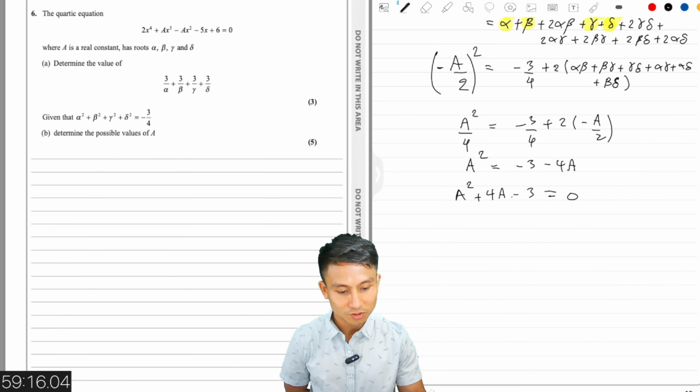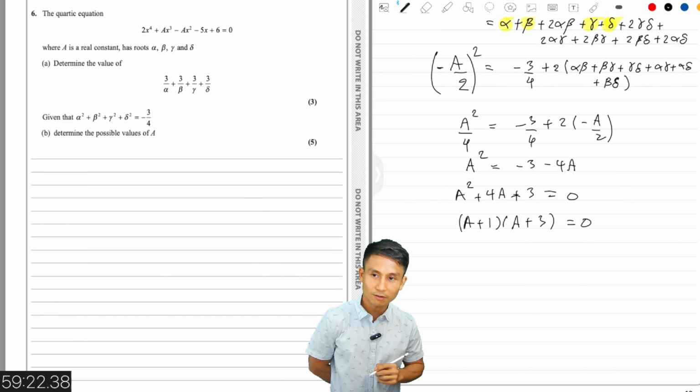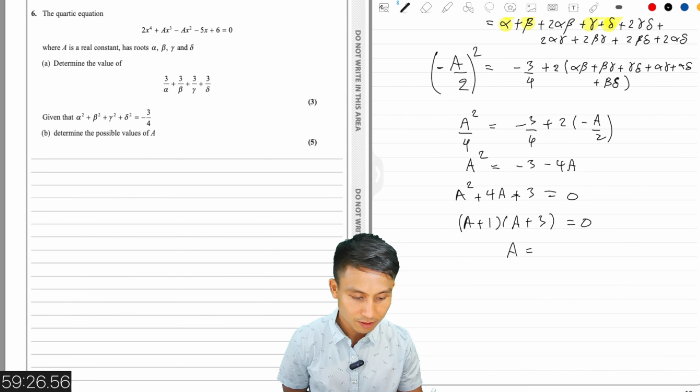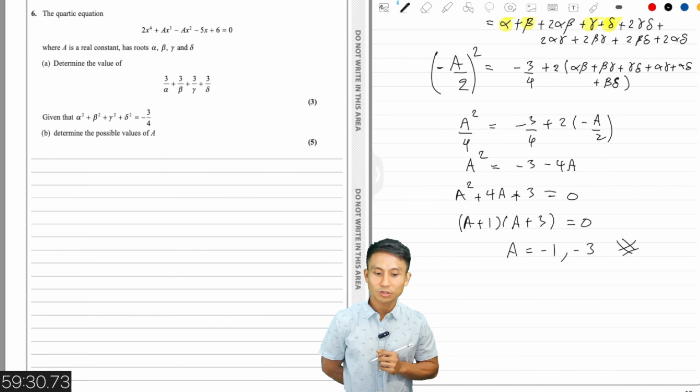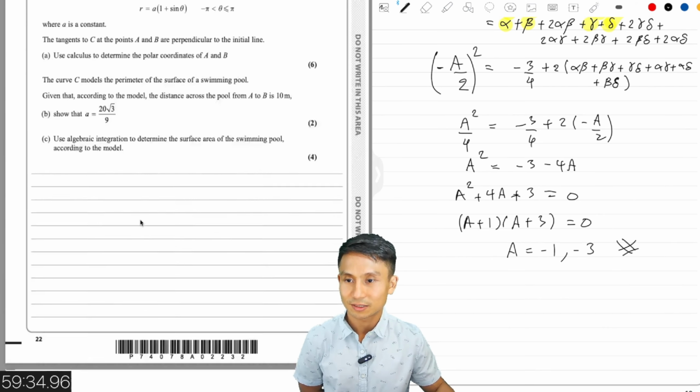Oh, stupid mistake. So a plus 1 and a plus 3. Finally, possible values of a, yeah, we get a to be minus 1 and minus 3. I think that should be fine. Phew. Number 6 is done.